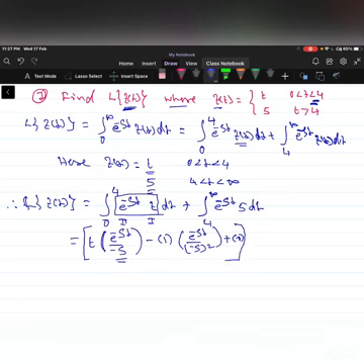So let us apply the limits 0 to 4. Plus 5 is constant, and the integration of e power minus st is e power minus st by minus s, with limits 4 to infinity. Now let us apply the upper limit 4.